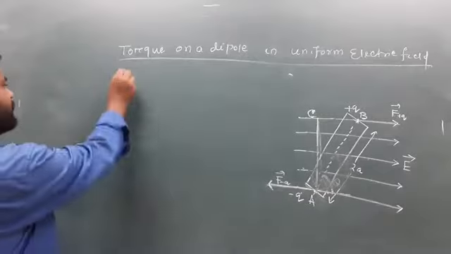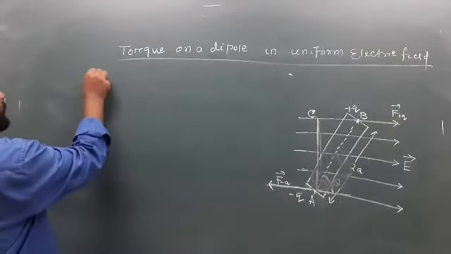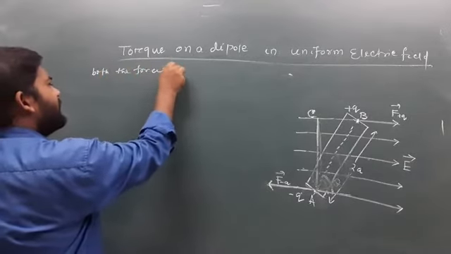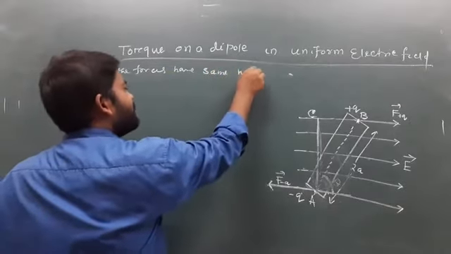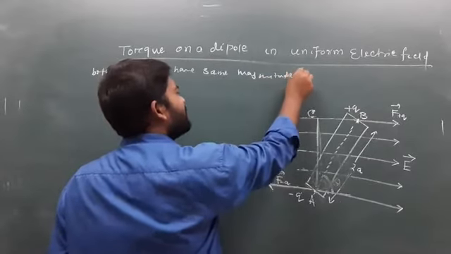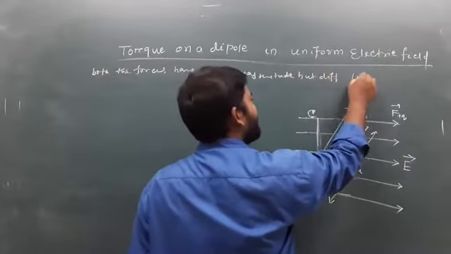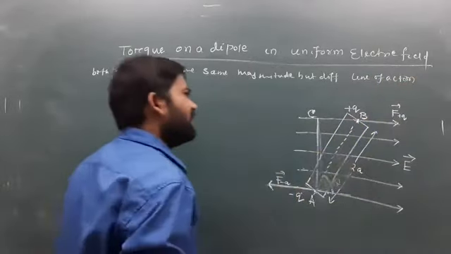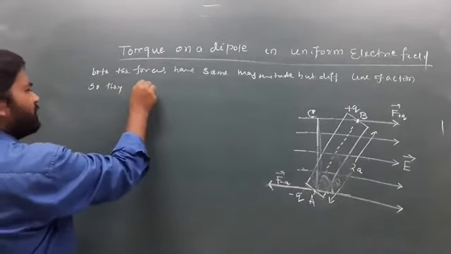Here you may explain that both forces have the same magnitude but different lines of action, so they form a couple.